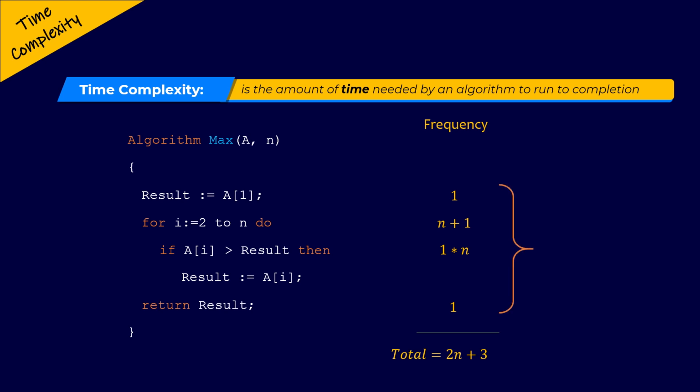So, the runtime function of this algorithm is f(n) = 2n + 3, and 2n + 3 is a linear polynomial. Therefore, we say that the time complexity of this algorithm is linear, since the leading term of the polynomial has n to the power 1. So this is how we can compute the amount of time, or time complexity, of an algorithm.